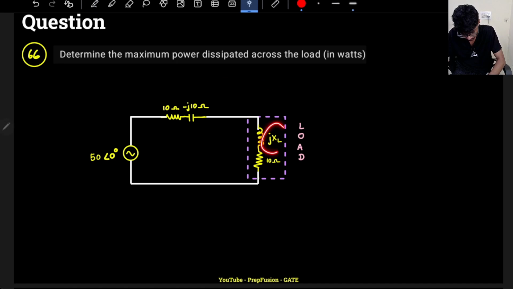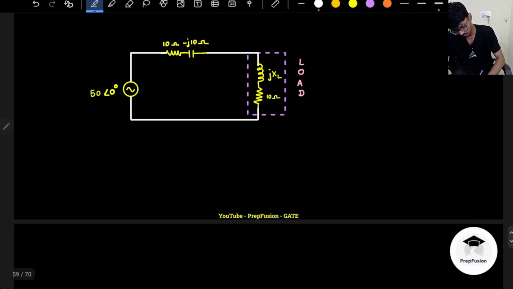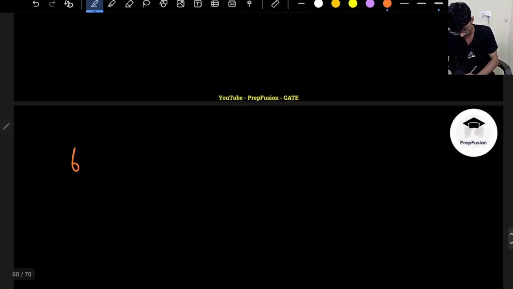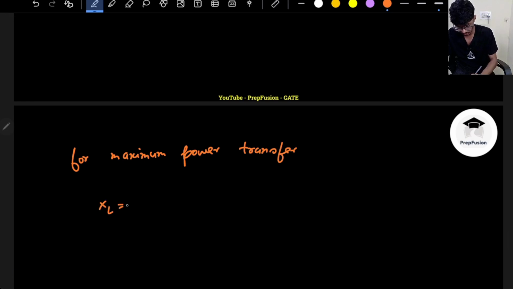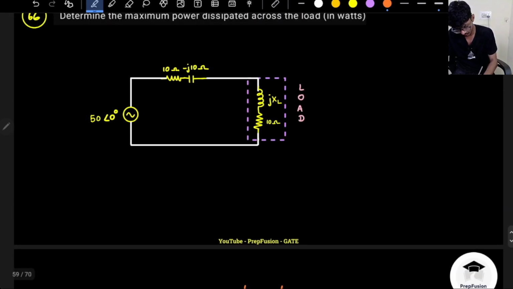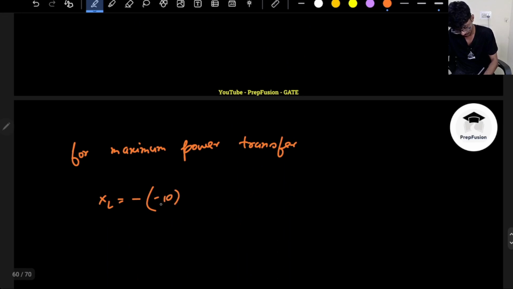So now your inductance is varying. So what will you make your inductance so that maximum power transfer happens? Negative of the reactance of the source. So my XL for maximum power transfer should be equal to negative of minus J10, so it will be plus J10.